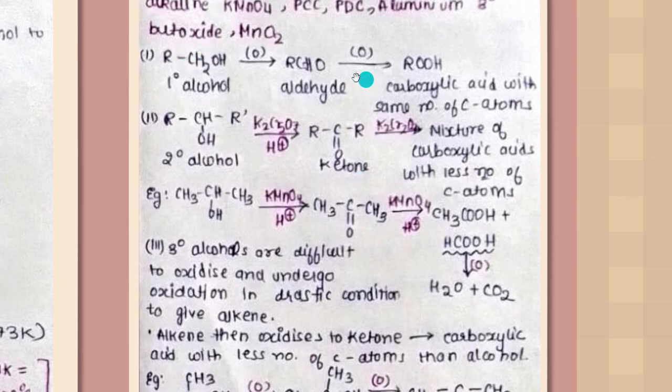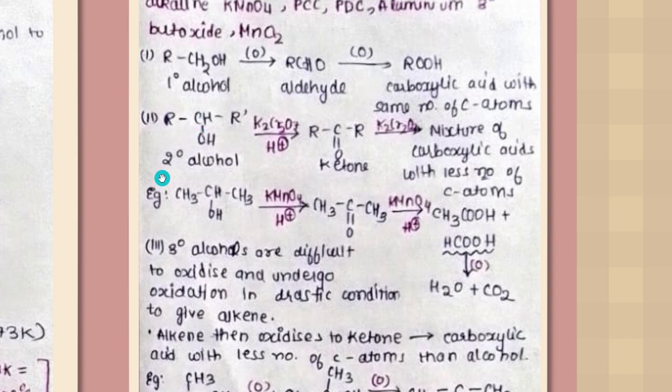Here I am just writing O for oxidation. RCH2OH, a primary alcohol, on oxidation gives an aldehyde, which on further oxidation will give us a carboxylic acid with the same number of carbon atoms. Keep this in mind: with the same number of carbon atoms.